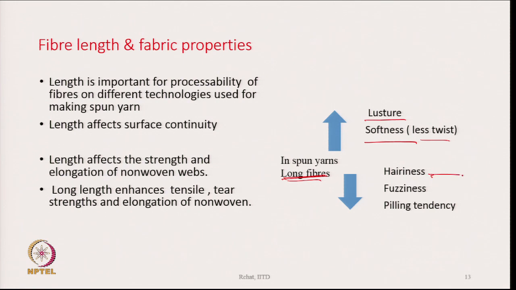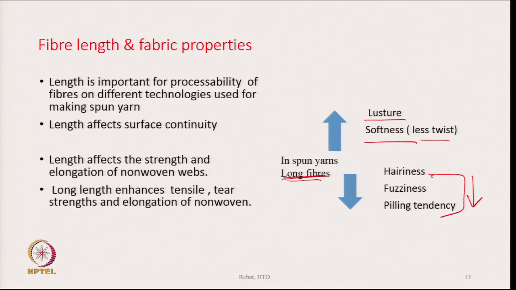So, these three properties are going to decline: hairiness is going to be less, fuzziness of the surface is going to be less, therefore, pilling tendency is going to be less. So, these are the advantages of using long fibers.